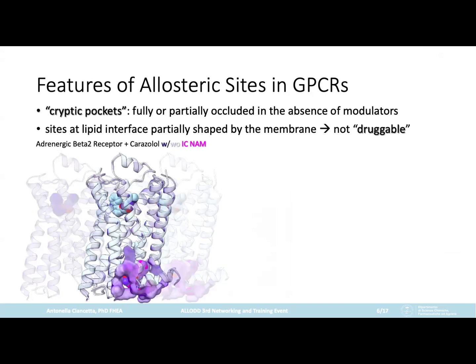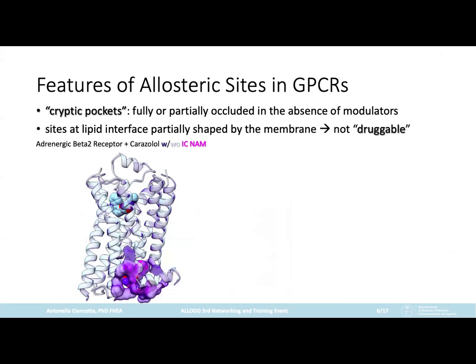If you superimpose the structures and look at how the allosteric modulator fits in the same pocket in the structure solved without it, you can hopefully appreciate that part of the pocket is fully collapsed when the allosteric modulator is not bound.